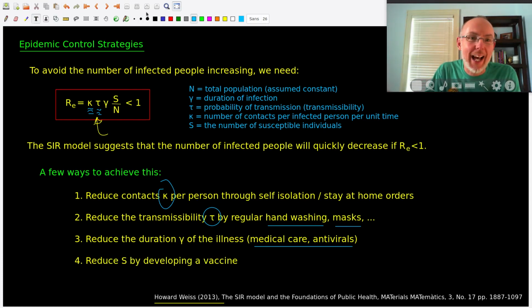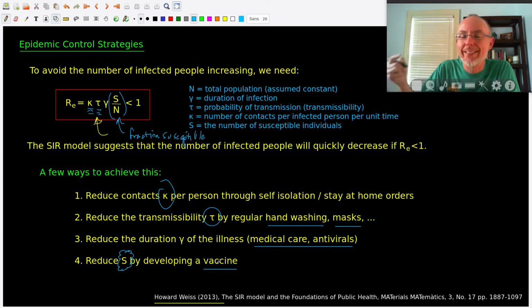Of course, the last one is to reduce the actual fraction of the population that could get the disease. S over N is the fraction of the population that's susceptible to the disease. So one big idea is to reduce the fraction of people who are actually susceptible, and the way to do that, most safely, is using a vaccine. The number of susceptible people is going to be reduced anyway.